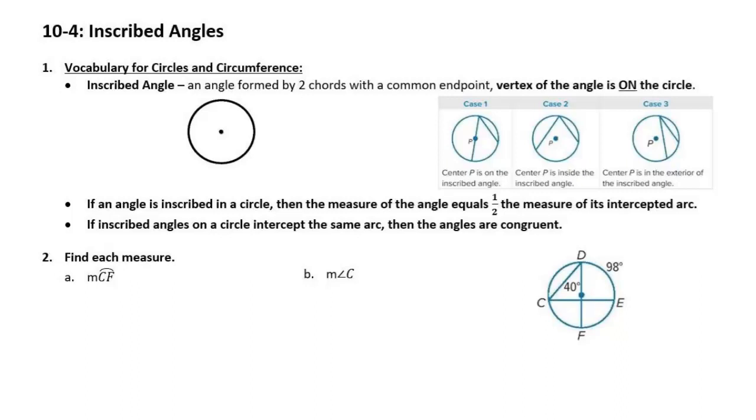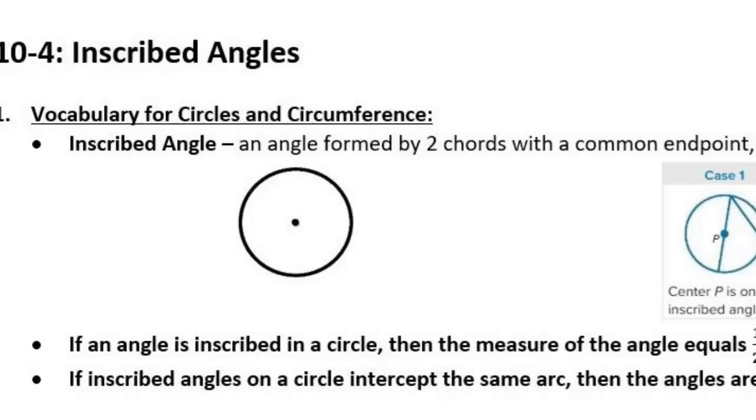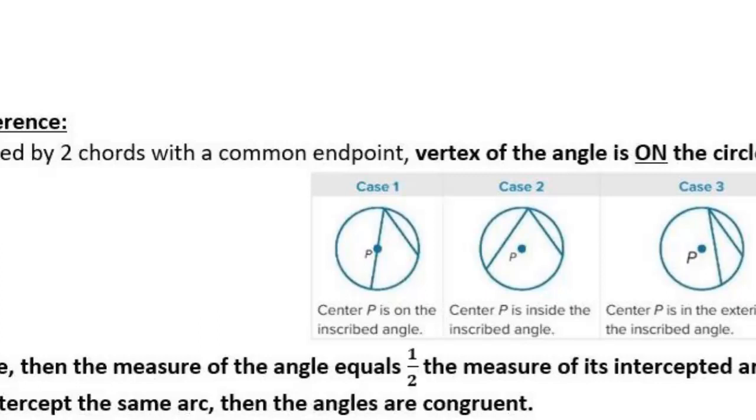We're going to talk about something called an inscribed angle today. So we talked about a central angle before. A central angle is an angle that is formed by two radii.